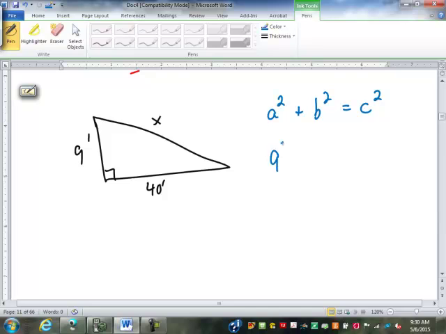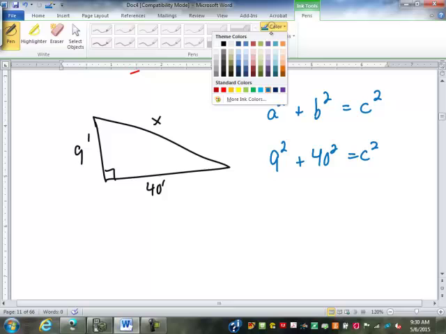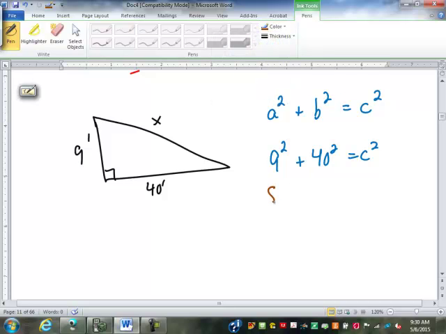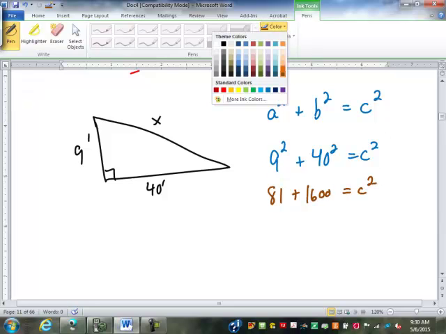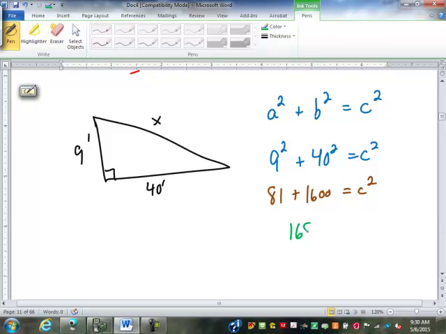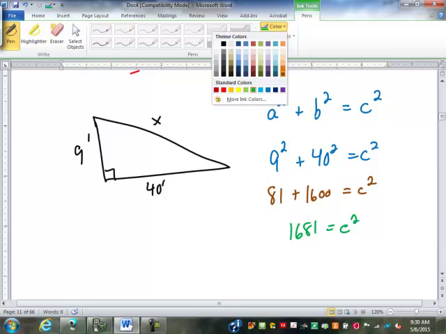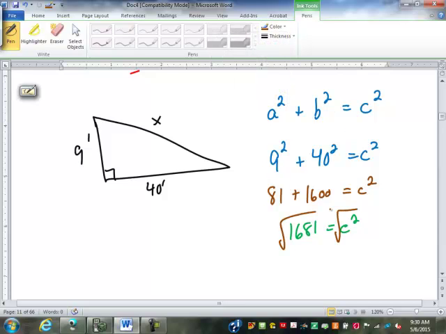So it's going to be 9 squared plus 40 squared equals c squared. So 9 squared is 81. 40 squared, 1600. Now we add them, 1681. Now that c squared, however, we've got to square root it. Square root of 1681 is 81, or not 81, sorry, 41. I don't know where the 8 came from. So that means x here is 41.